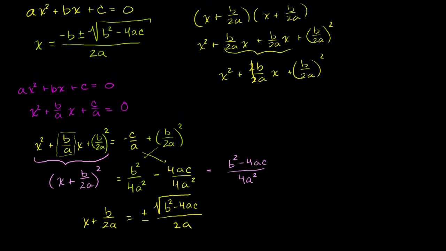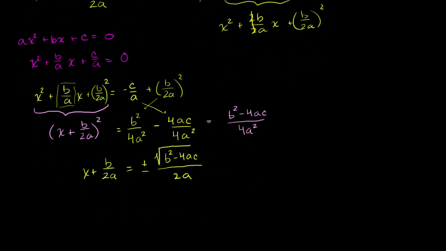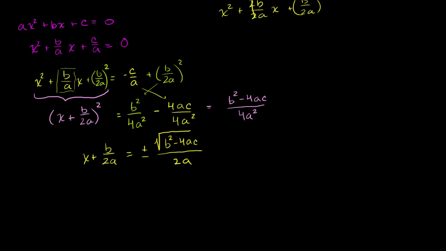Now, this is looking very close to the quadratic formula. We have b squared minus 4ac over 2a. Now we just essentially have to subtract this b over 2a from both sides of the equation, and we're done. So if you subtract the b over 2a from both sides of this equation, what do you get? You get x is equal to negative b over 2a plus or minus the square root of b squared minus 4ac over 2a, common denominator.